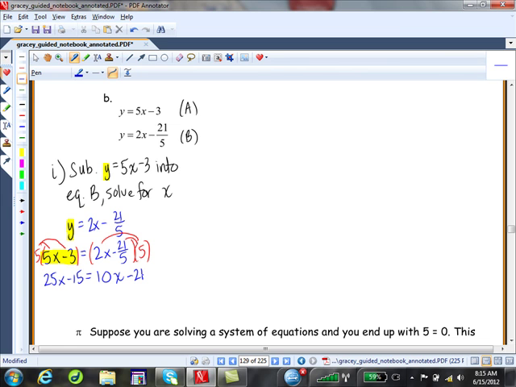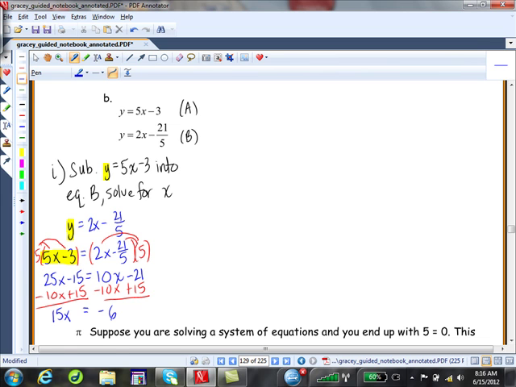Now subtracting 10x from both sides, and then adding 15, we will get 15x is equal to, let's see, it looks like -6.